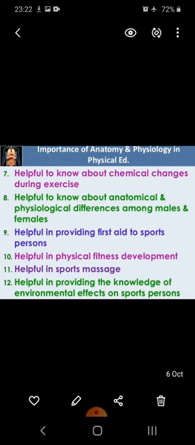It can be concluded that human anatomy, physiology and kinesiology play a vital role in the field of physical education and sports. Without their knowledge, a sports person cannot reach the heights in terms of sports performance. The study of human anatomy, physiology, and kinesiology helps in multiple ways in the field of sports and games.